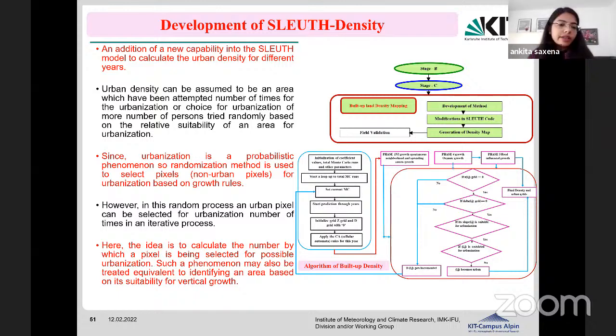That could be derived from different explanatory variables, land suitability variables. So that concept of making choice was introduced into the built-up density, and it was well related with the built-up density.